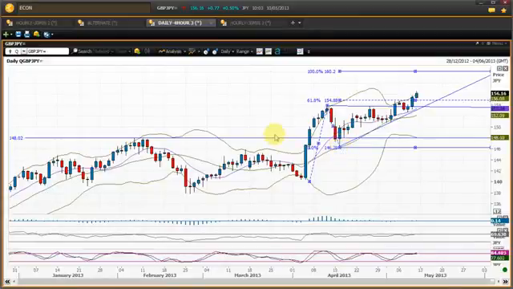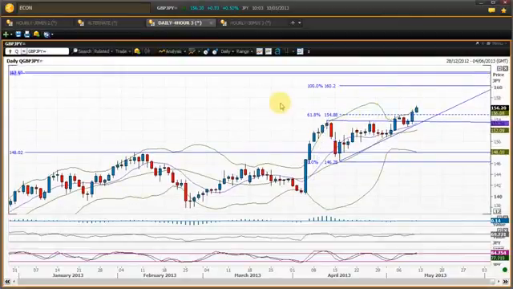You can see that we have already broken above the 61.8 Fibonacci projected target that was coming in at 154.88, and we have a 100% projected target of 160. This is longer term stuff I'm looking at, so let's just call it 160 the figure.